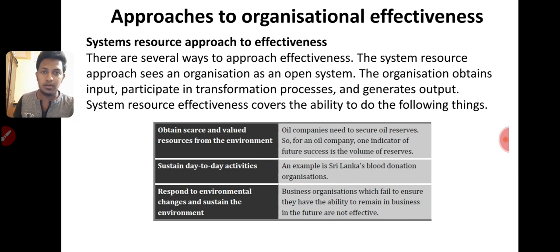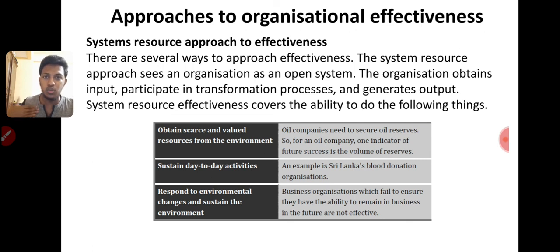It's not about increasing our internal process or achieving the objective. We should have at least, like a threshold, the ability to obtain cost and value resources from the environment. We should have the resources; that is the threshold. We should have wheat flour to prepare the cake.